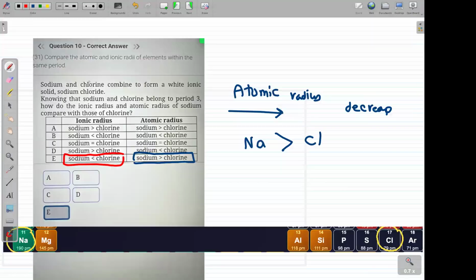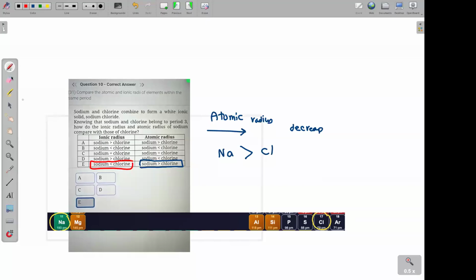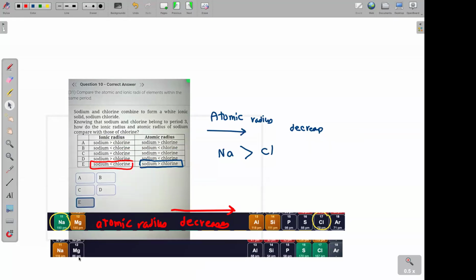The atomic radius, when you go in the periodic table from left to right across the period, decreases. What about the ionic radius?